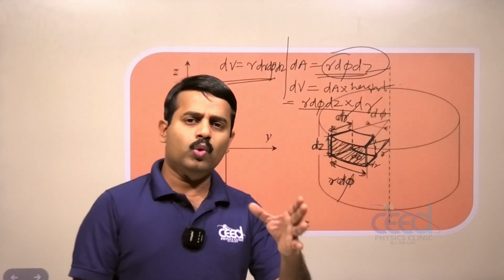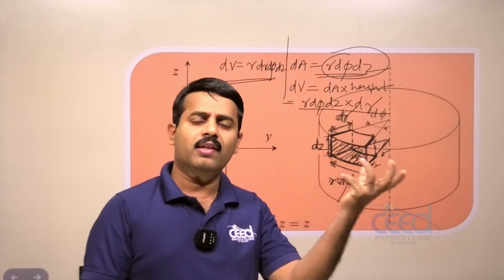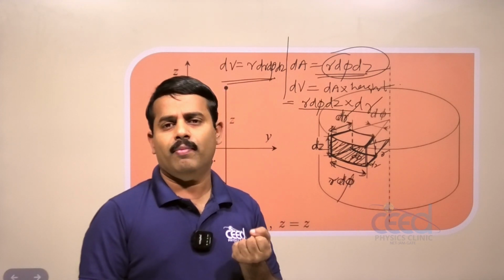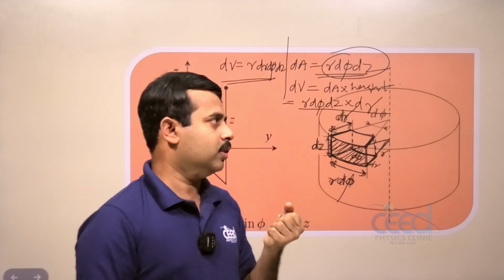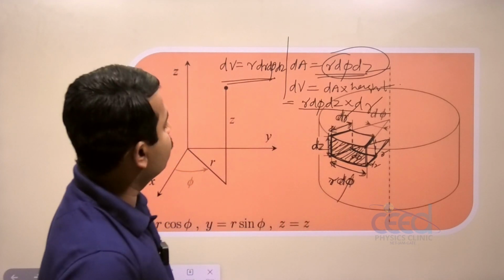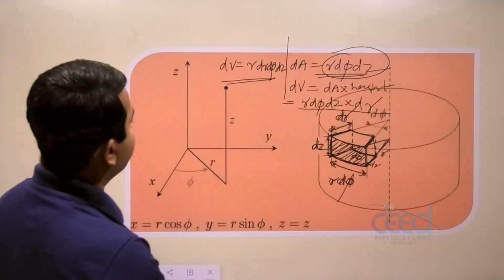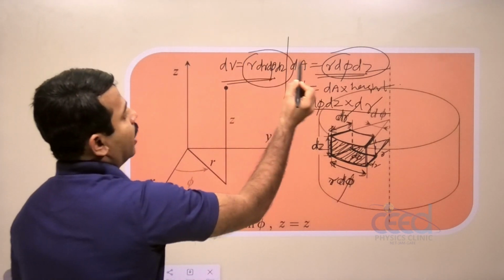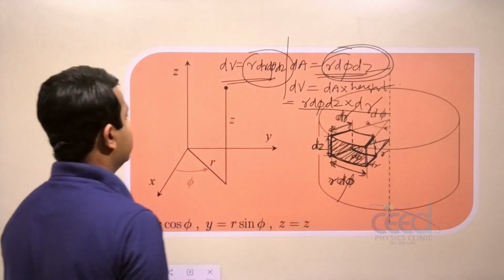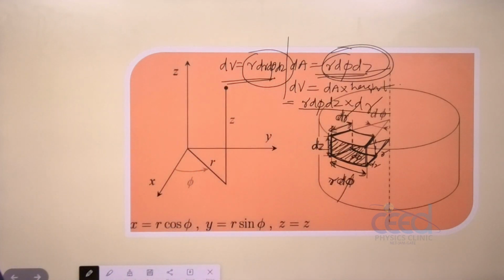Now to know this increment representing this areal and volume element, let us integrate this. So for the confirmation, see what we have taken here, r dr d phi dz and r d phi dz. Let us go to a plain board.